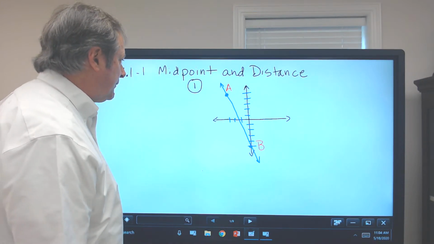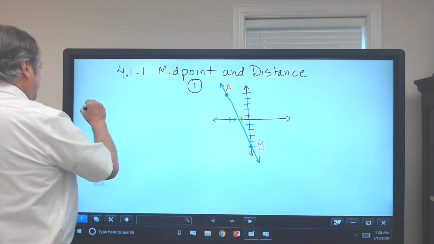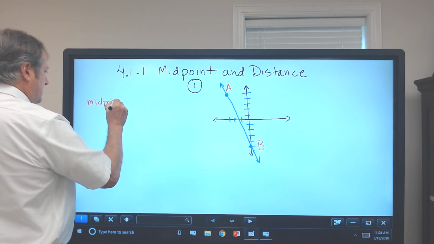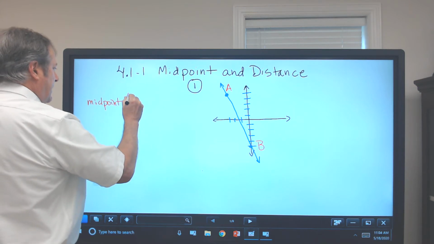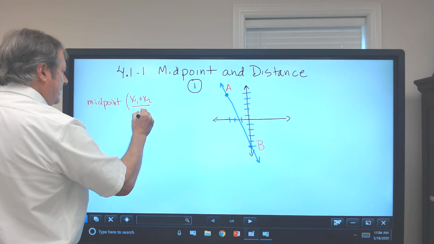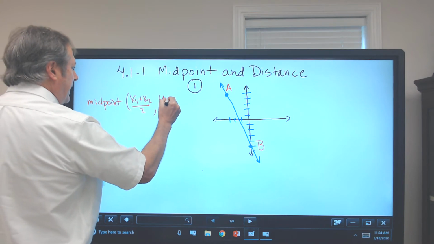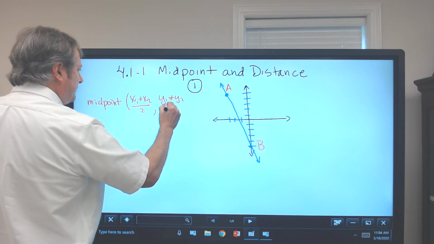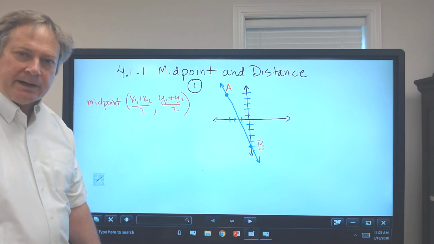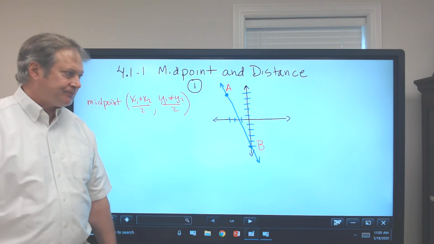Let me just write the formula down. The midpoint is you add up the x values, divide them by 2, add up the y values, and divide them by 2. And that will be your ordered pair of the midpoint.